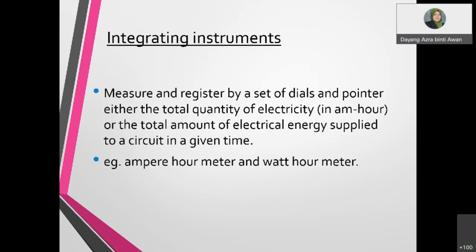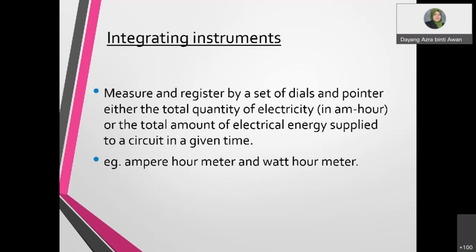And then we have integrating instruments. They collect your data and change it into a specific value, for example, in the ampere hour meter and also in the watt hour meter. They measure and register by a set of dials, and at the end give you the total amount of energy supplied to a given circuit in a given time.